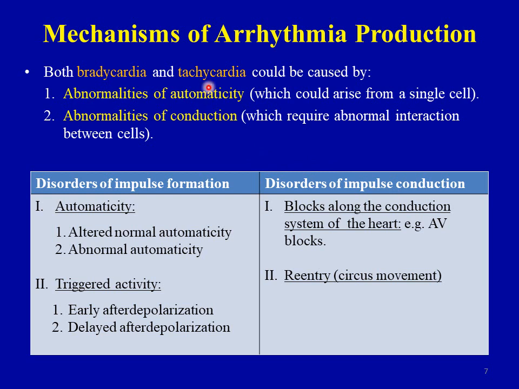Tachyarrhythmias or tachycardias could be caused by disorders of impulse formation in the form of altered normal automaticity or abnormal automaticity, where the pacemaker is outside the SA node, or due to triggered activity or a reentry circuit. So we have different mechanisms and causes of the tachyarrhythmias and bradyarrhythmias that affect the heart.